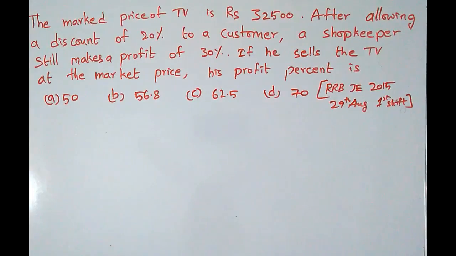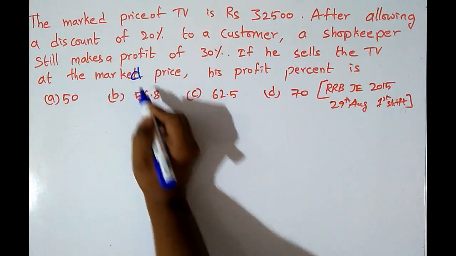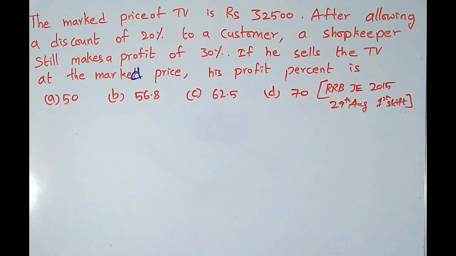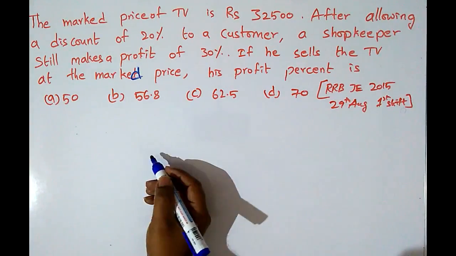This is another problem. The market price of a TV is rupees 32,500. After allowing a discount of 20% to a customer, a shopkeeper still makes a profit of 30%. If he sells the TV at the market price, his profit percent will be?